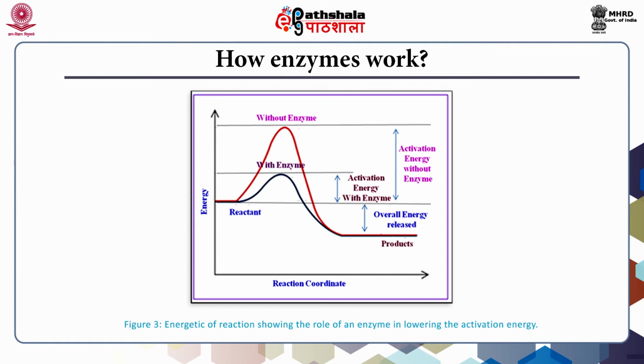We see that the energy of the products is lesser than the energy of the reactants, and in the presence of enzyme, the transition state energy is also lower as compared to the transition state energy which is achieved in the absence of the enzyme. Thus, the activation energy with enzyme is lower than the activation energy without enzyme, and the energy barrier can be easily crossed in the presence of enzyme and the products are obtained.